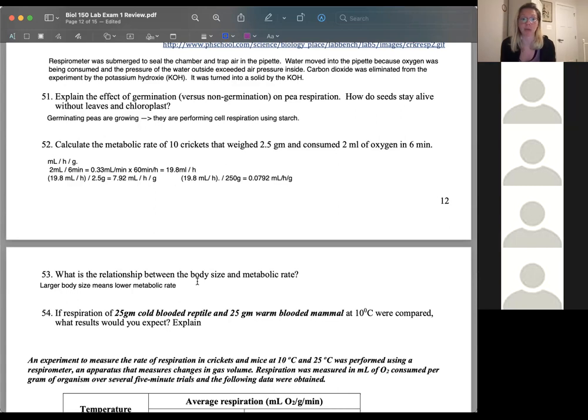Small mammals tend to have a much higher metabolic rate. They go through energy much faster than us humans, or our metabolic rate is faster than, say, an elephant, which is much larger in mass. I can't figure out how to explain it, but I just know that it's the inverse relationship, that the smaller mammals or smaller animals are not as efficient at using energy, I guess. And so that's why they tend to have higher metabolic rates.